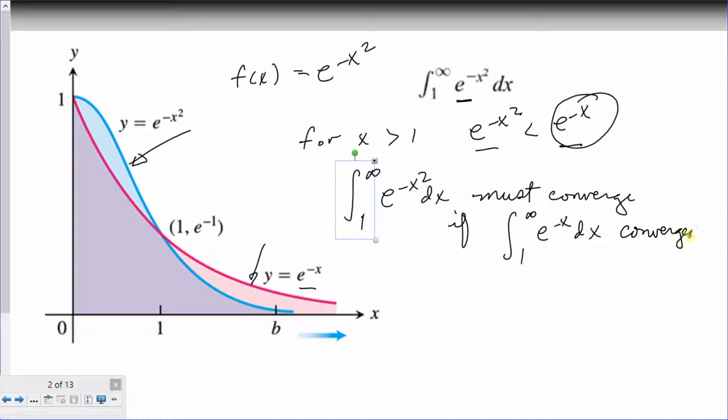Well, you just recall in the previous video we found out that e to the minus x over 2 converges, so you might gather from that that e to the minus x should also converge, and indeed it does.